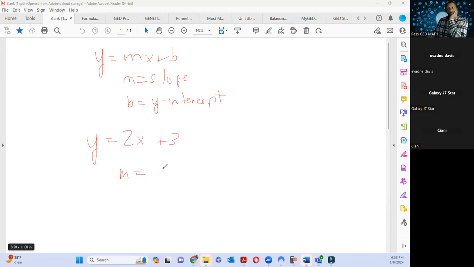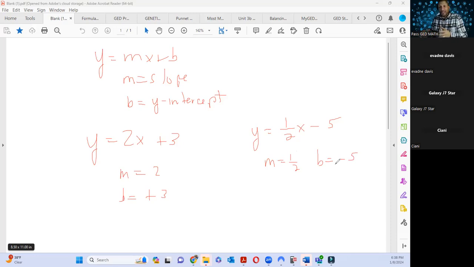Not 2x, 2. M is my slope, and M is in front of the x. My slope is 2. What's my y-intercept? 3. If I have y equals 1/2 x minus 5, what's my slope? 1/2. What's my y-intercept? -5.